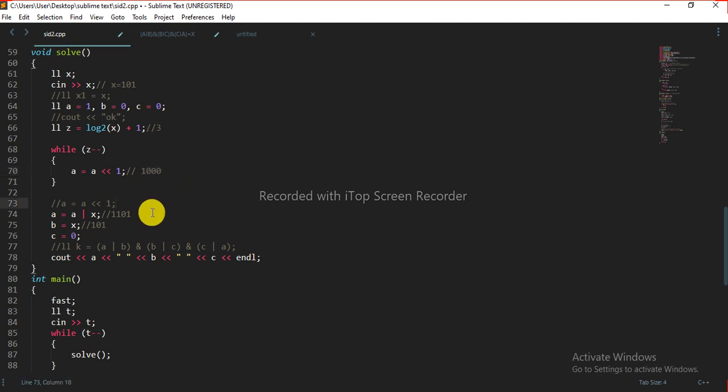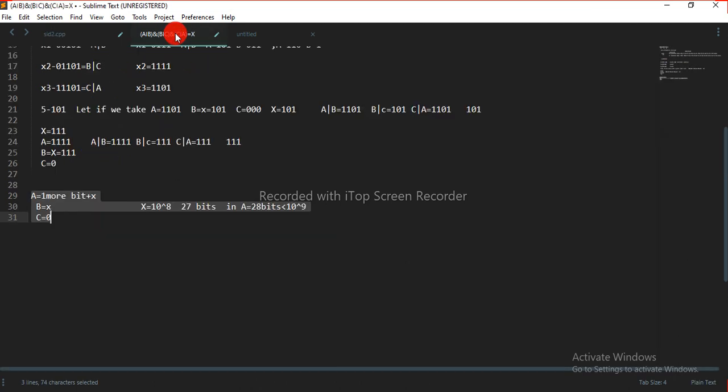Now we are taking a is equal to a OR x. After finding a OR x, what will be the value of a? Since a is equal to 1000 and x is equal to 101, after doing OR of these, it will be 1101. So a's value will be 1101, as we discussed earlier.